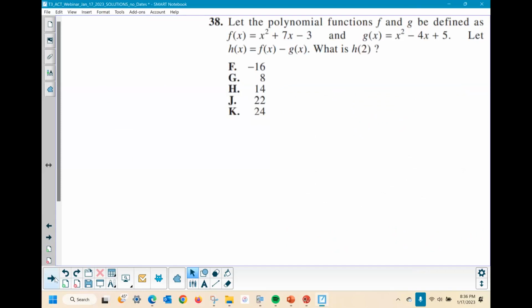All right, here's another one. This is number 38 from one of the ACT tests. Let me give you just a few seconds to read that and think about how you might answer that one.